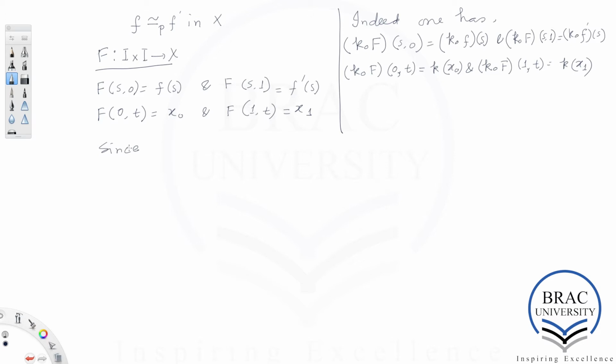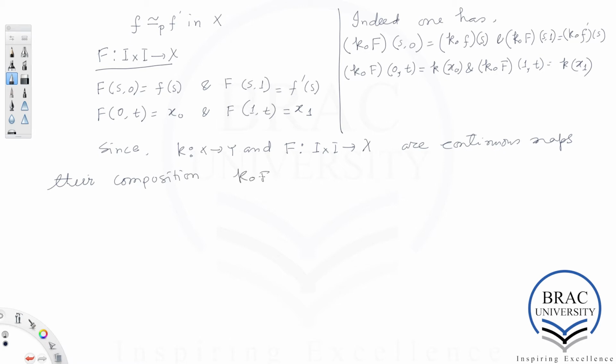Now one immediately sees that since k from X to Y and F from I cross I to X are continuous maps, their composition k composed with F from I cross I to Y is continuous as well, right?